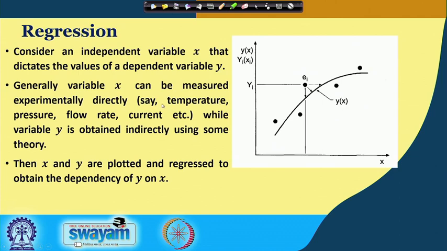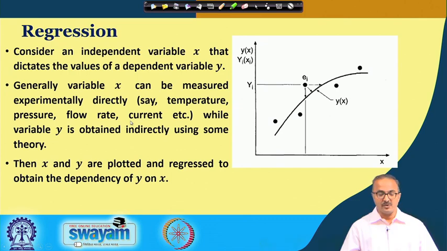For example, we can measure temperature, we can measure flow rate, etc. directly. And y is the variable which is obtained indirectly. For example, if we are talking about specific heat, then specific heat cannot be measured directly by any kind of sensor, but has to be obtained indirectly by combining various properties or measured variables like temperature, pressure, etc.